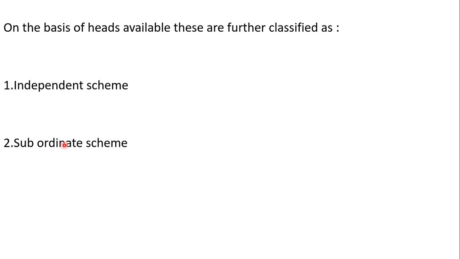And second, coming to the subordinate schemes. These are schemes in which the principal objective is other than power generation. So for an independent scheme, the principal objective is only power generation, and for subordinate schemes, it is something other than power generation.